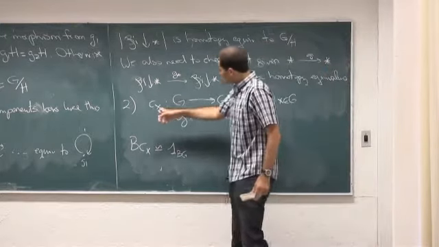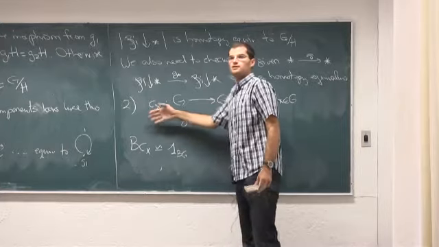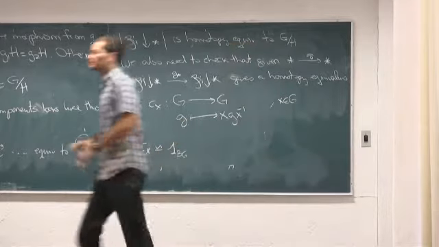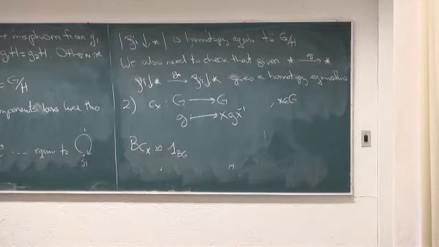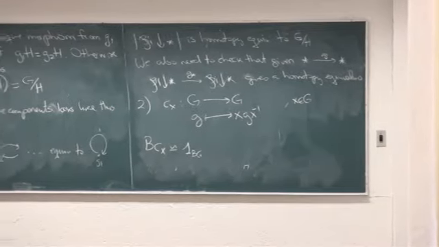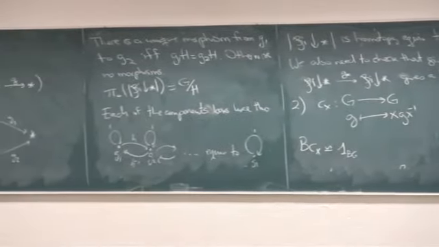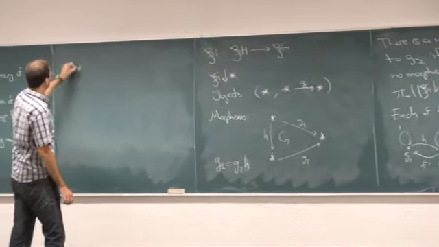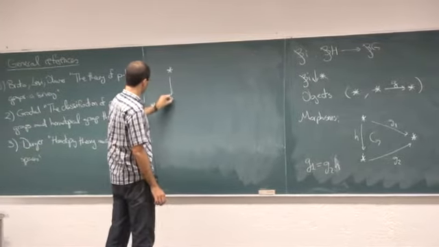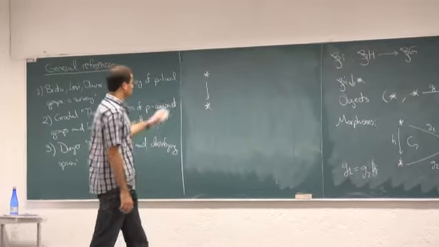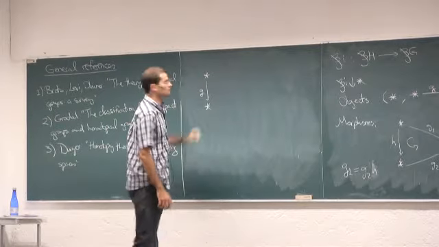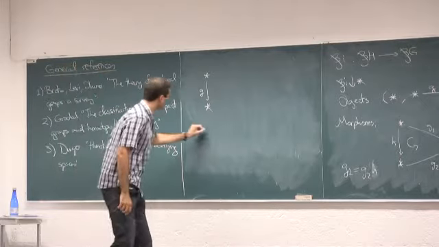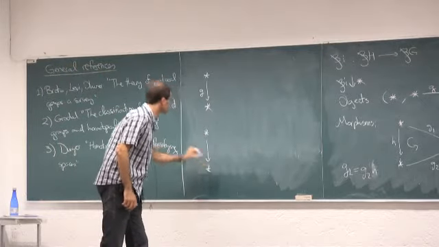You only need to show that the functor induced by Cx is naturally isomorphic to the identity functor. So how will that go? Well, if I have a morphism g from a point to a point, and I apply the functor given by Cx, this is going to give me this thing.